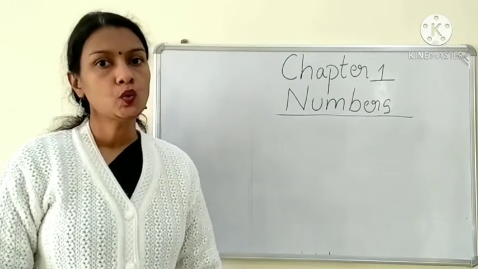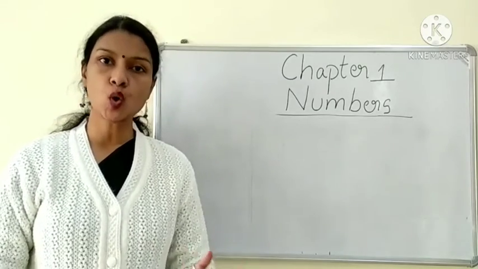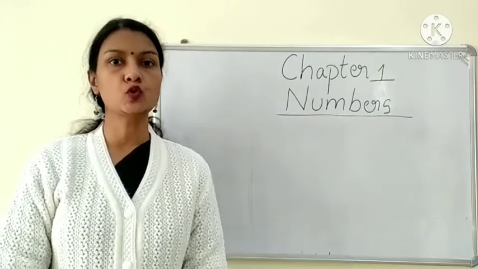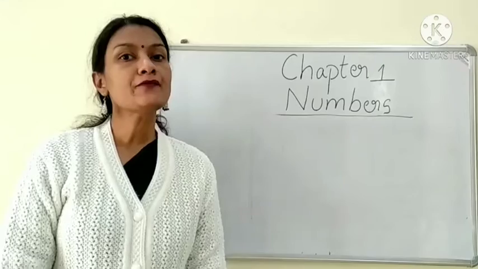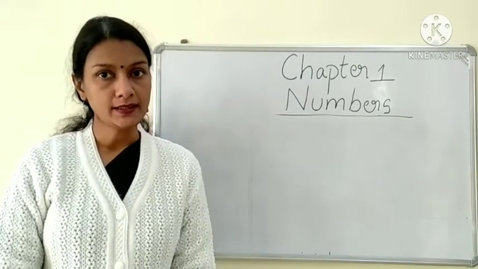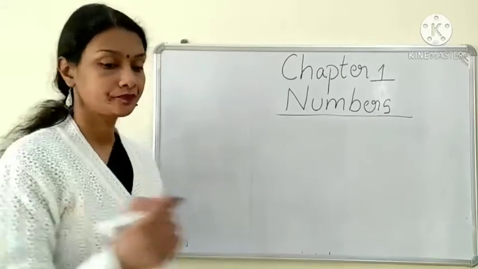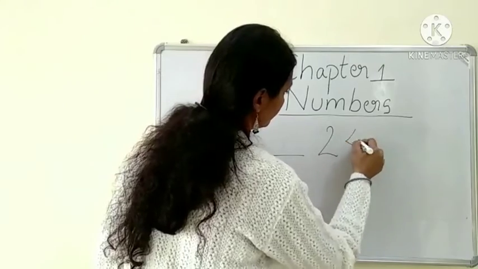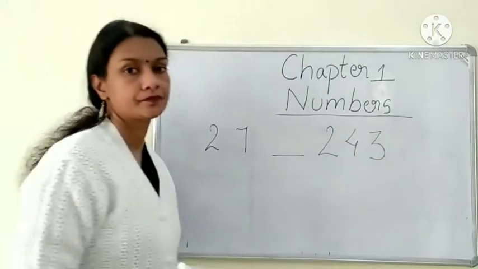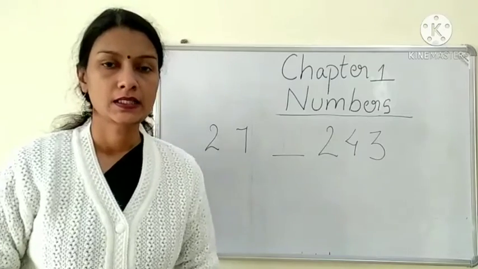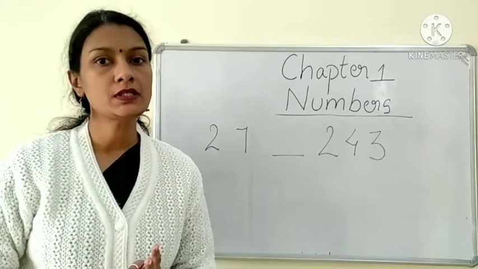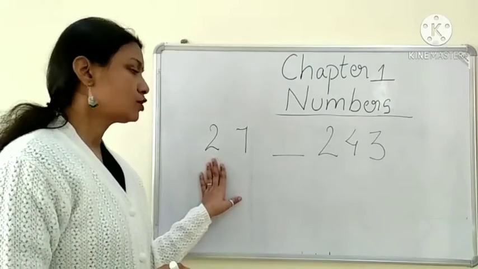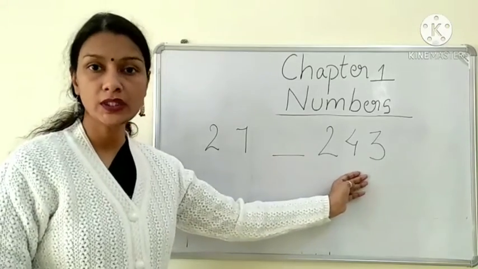Next is comparison of numbers. In class 2, we read how to compare 2 or 3 digit numbers. Here we shall extend our knowledge up to 4 digit numbers. If 2 numbers are given, then there are 2 possibilities. First is when the 2 numbers have different numbers of digits. Like here, 2 digit, and here the number is of 3 digit.